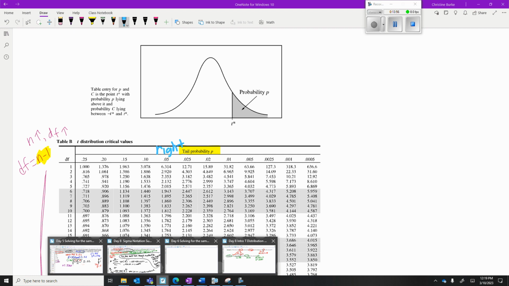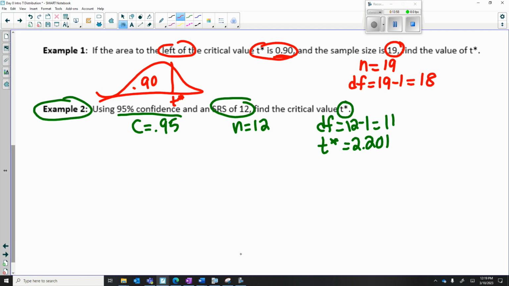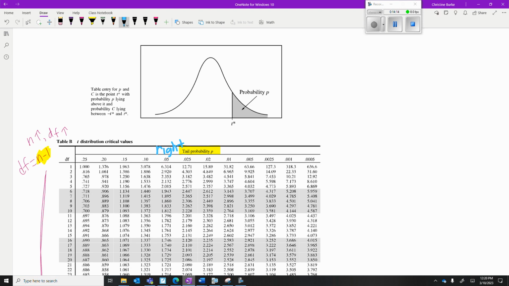So if the area to the left is 0.90, the area to the right here will be 0.10. So if you wanted to find the t-star, you would look up the right tail probability of 0.10, and you would look up the degrees of freedom of 18. And when you line that up, we get this value, 1.330.